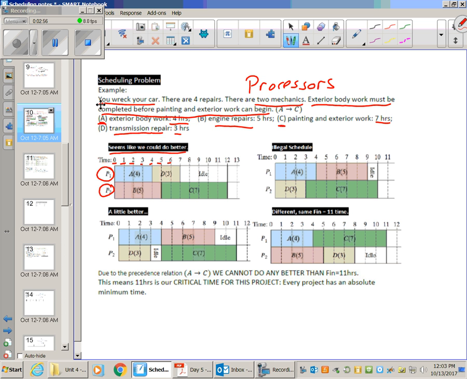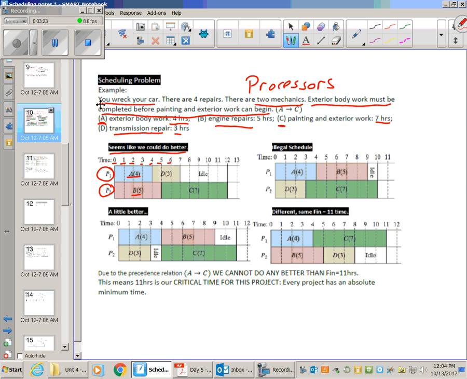Okay, so in this first example here, it seems like we could do much better than this. Look what's going on. Task 1, A, is being completed by processor 1. It's taken him 4 hours. Now remember from yesterday, our tasks are not going to be divisible among 2 people. So only processor 1 can be working on task A, and then only processor 2 can be working on task B. All right, they can't help each other out.